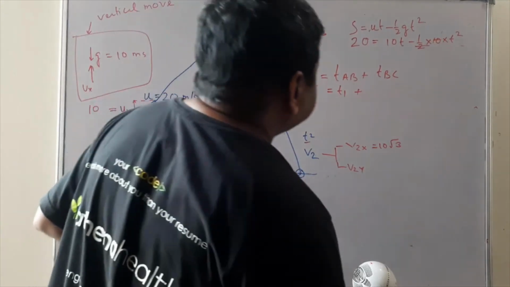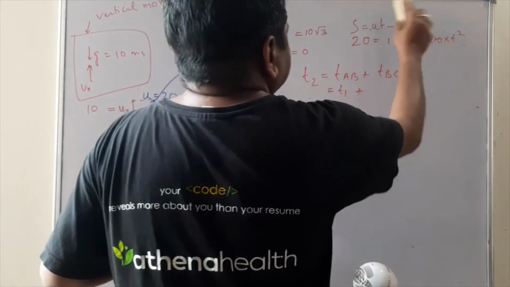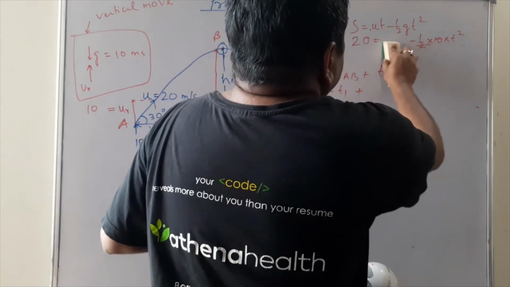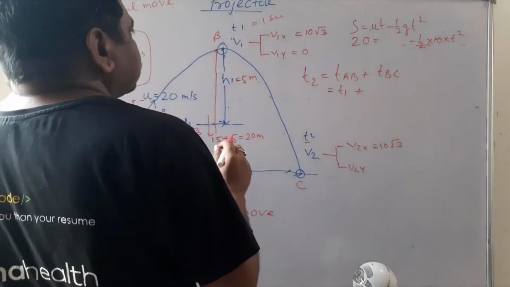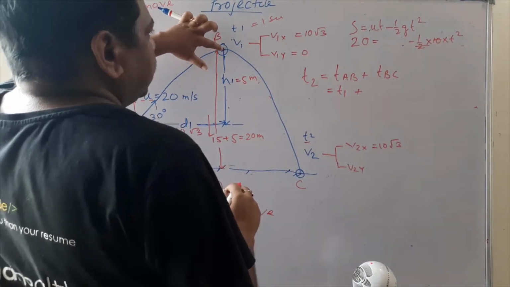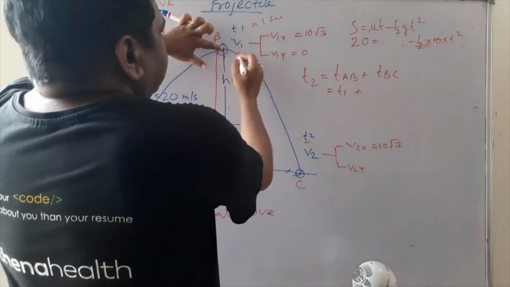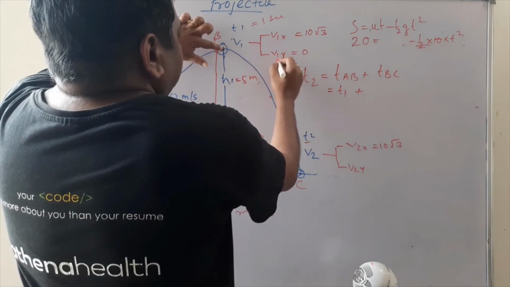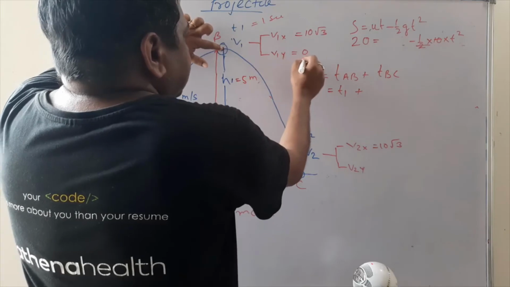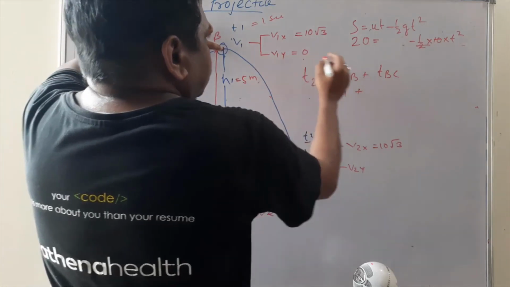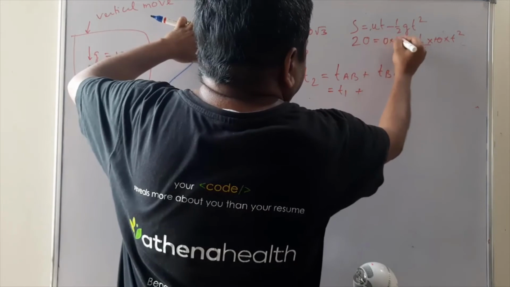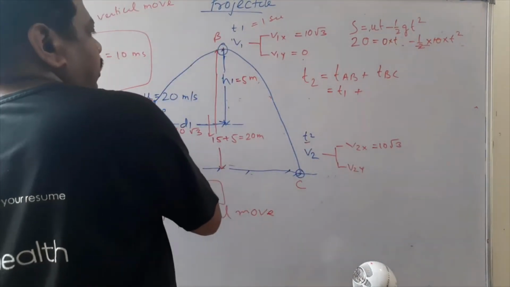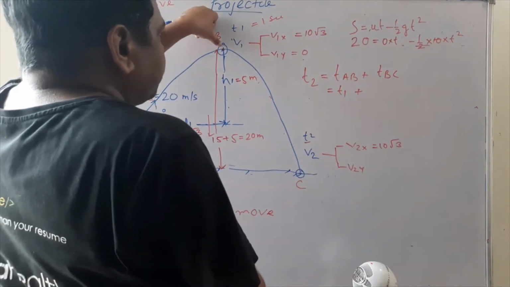Sorry, this is wrong. So we are considering from here, right? And here the vertical component of velocity is 0. So this is 0 into t. Okay, we are not considering from A, we are considering it from B.